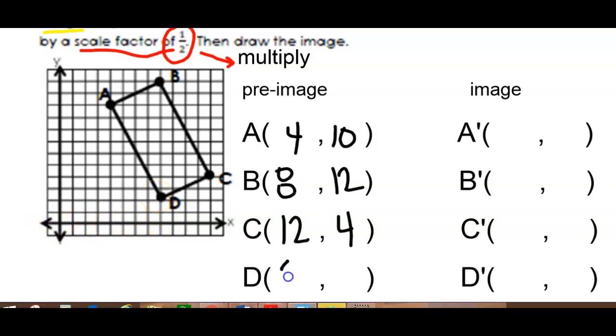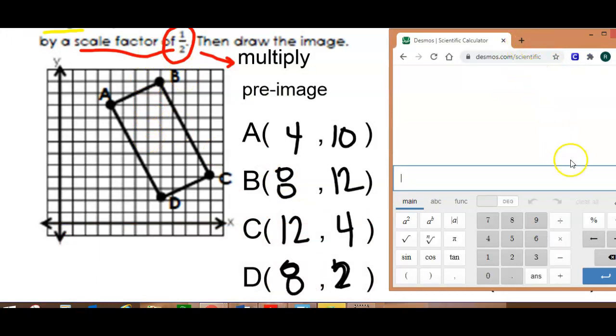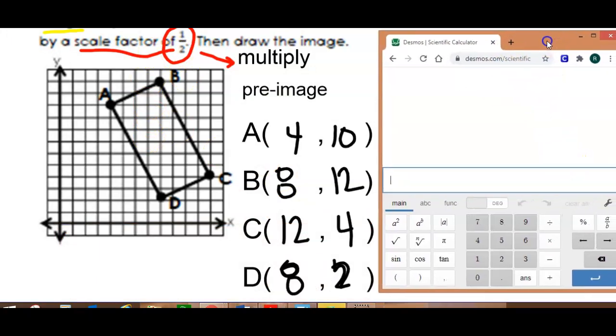All right, so now that we have those original, or what we call pre-image points, we can go ahead and do our image. Now we said that we're going to be multiplying, and we're going to be multiplying by 1/2. So I went ahead and grabbed my Desmos calculator because I want you guys to see that it is the same as division.